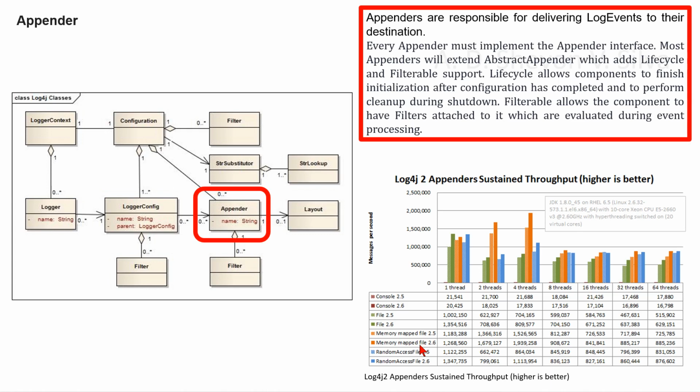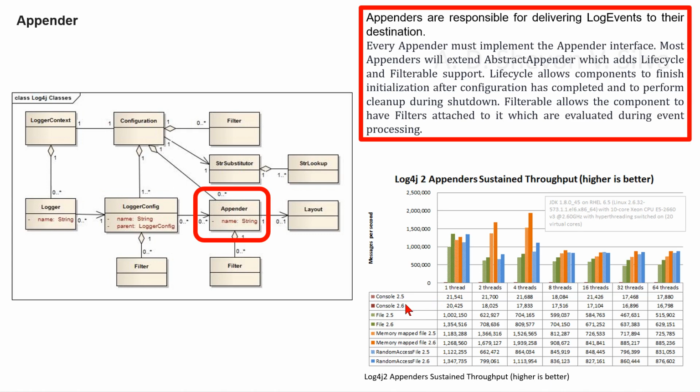The graph here shows the sustainable throughput for console and file appenders in Log4j 2.6, and for reference also provides the Log4j 2.5 performance. It turns out that the garbage-free text encoding logic in 2.6 gives these appenders a performance boost compared to Log4j 2.5.